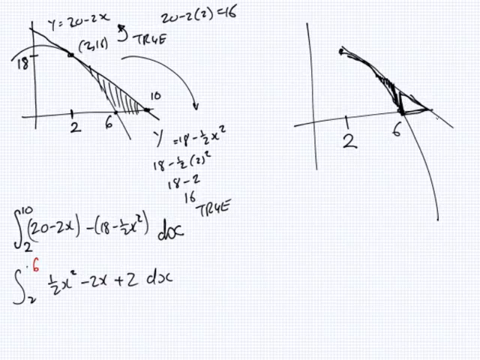So how big is this triangle's base? 4. Yeah, so half the base is 2, and do we have the height of the triangle? If we put 6 into the formula, we can get the height here. 20 minus 2 times 6, that's 8, isn't it? 20 minus 12. So a half of 4 is 2, 2 times 8 is 16. So if we just add 16 to the answer, then we fixed it.